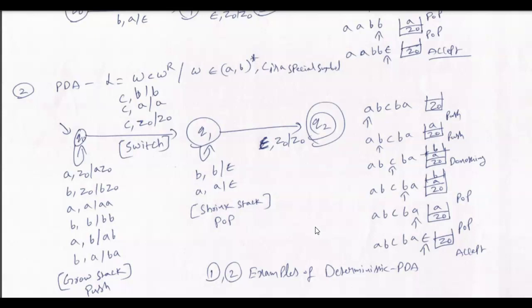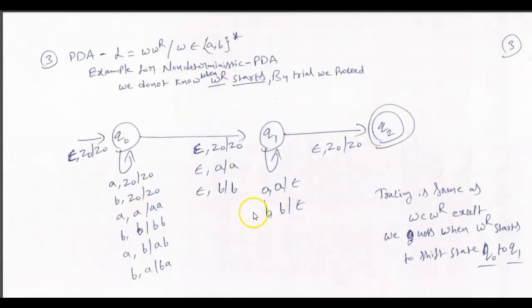But in non-deterministic pushdown automata, we have a situation where we don't consume any input symbol, but we change the state.